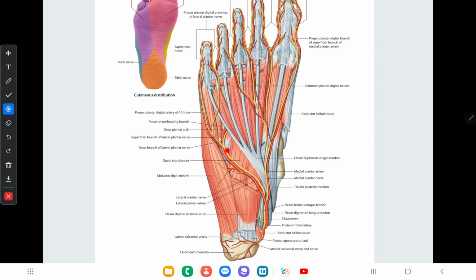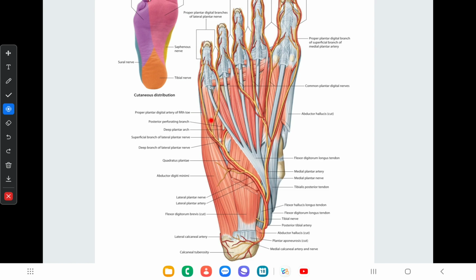So there are muscular branches from the main trunk to the quadratus plantae muscle, abductor digiti minimi muscle, and cutaneous branches to the skin of the lateral part of the sole. From the superficial terminal branch, you can see it is divided into two parts further.